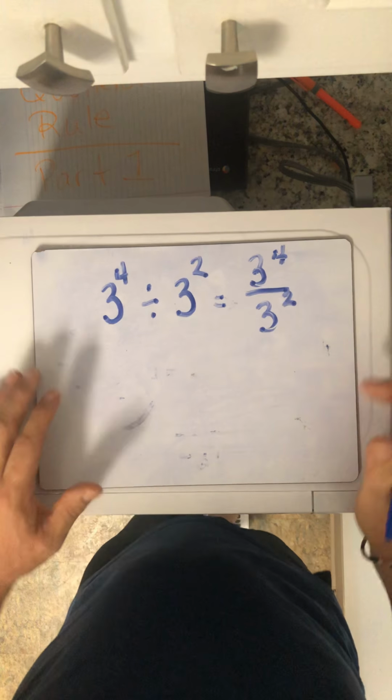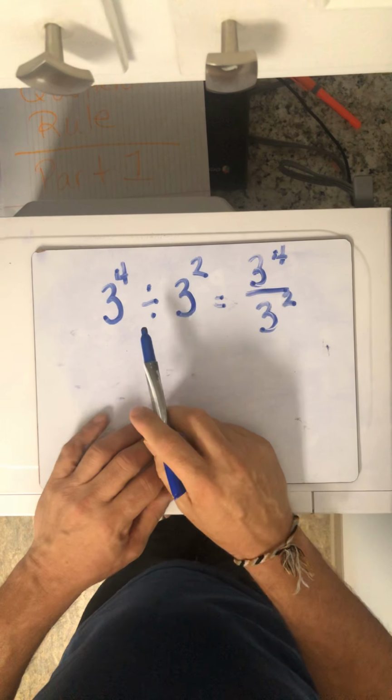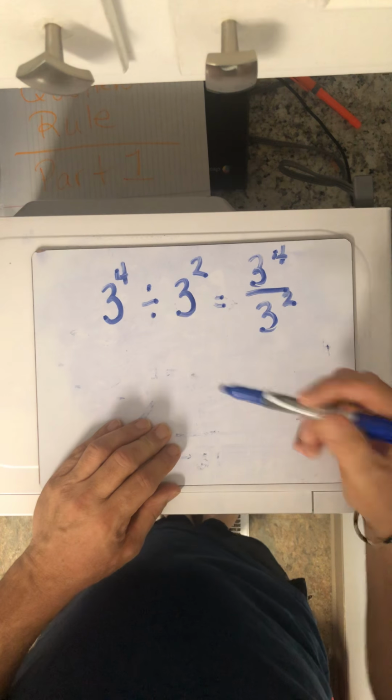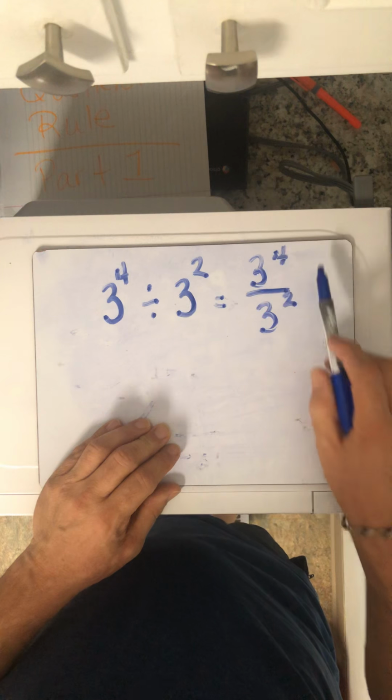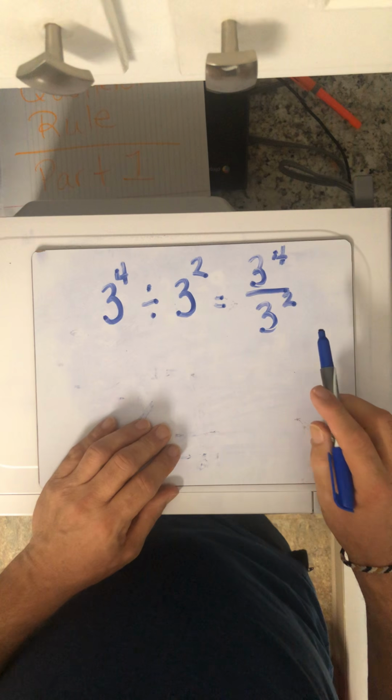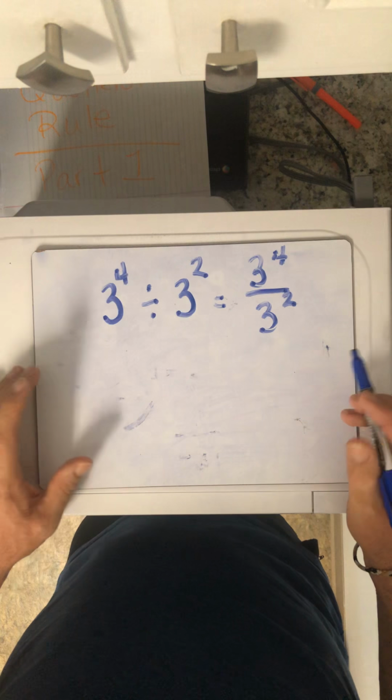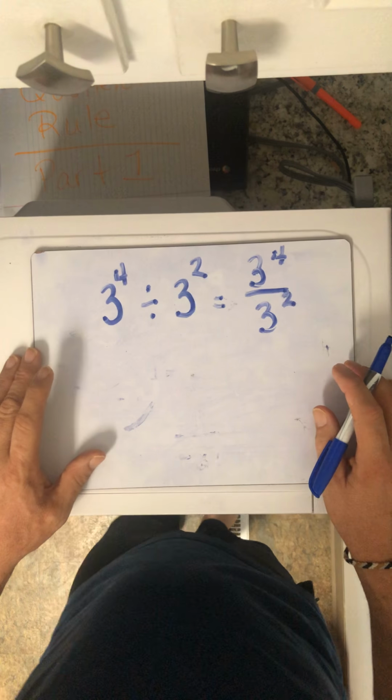The first thing you should always do to help you with this, if you just can't realize it right off the bat, is write it like this: 3 to the 4th over 3 to the 2nd. The reason I'm doing that today in this first part is to show you actually how this works.